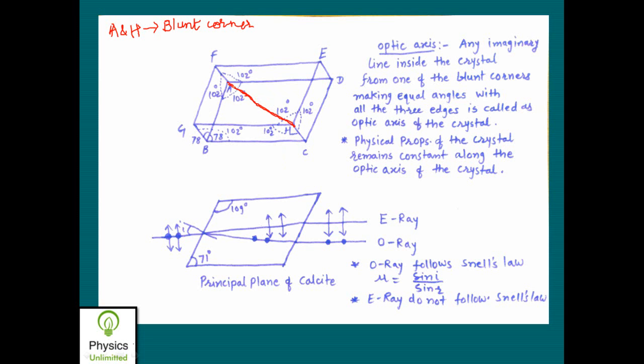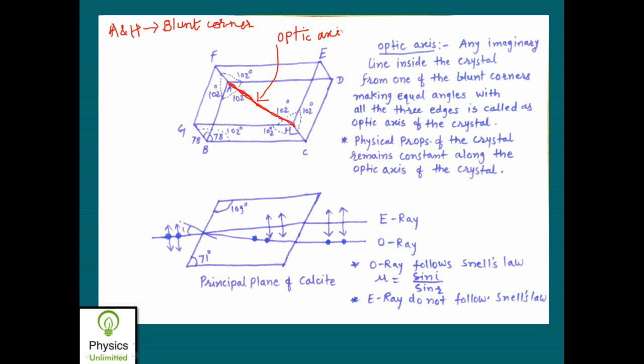Now the property of this optic axis is, though this is an anisotropic crystal for which physical properties are different in different directions, along the direction of optic axis its physical properties will remain the same.